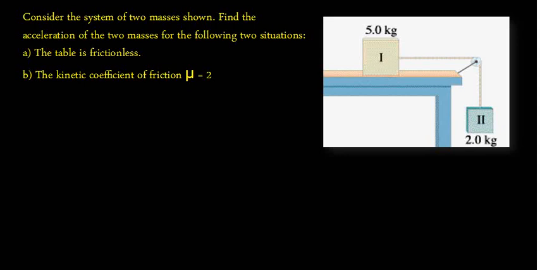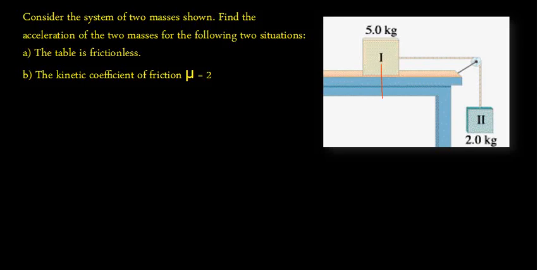As a start, as I said, I will be doing the free body diagram. For block 1, I will have M1G, I will have the normal force, and definitely we have the tension on the rope.